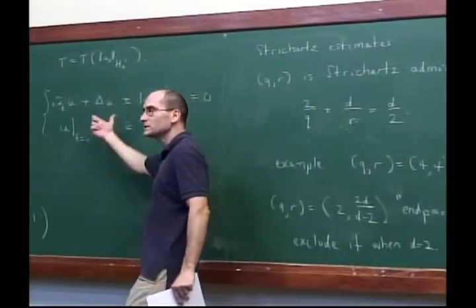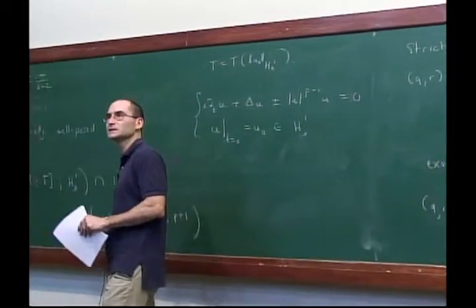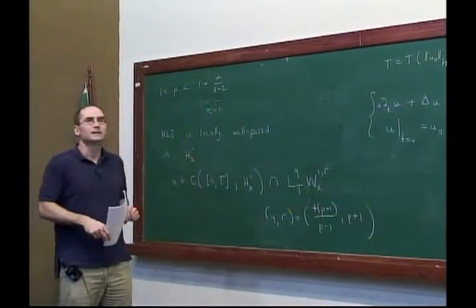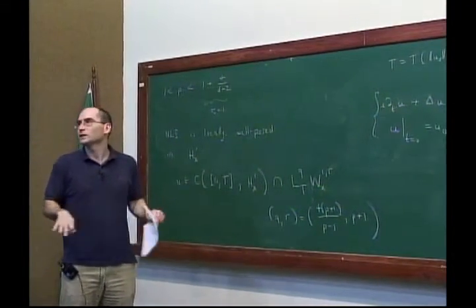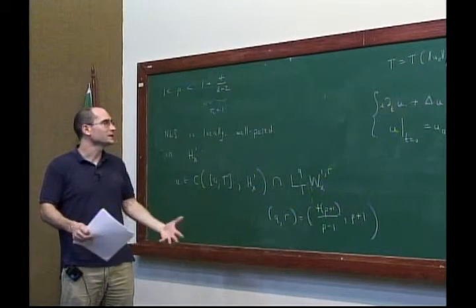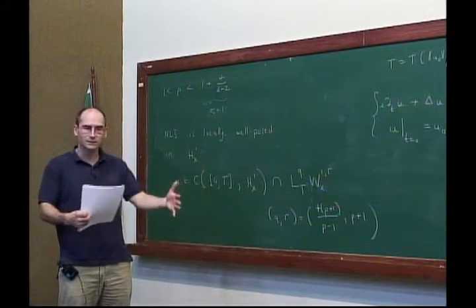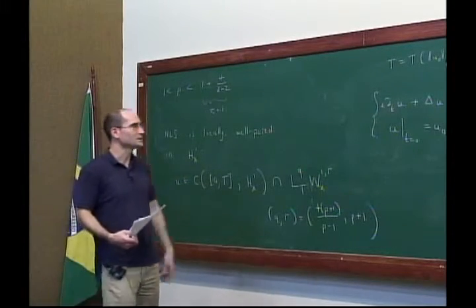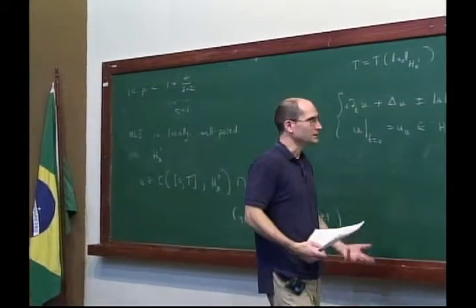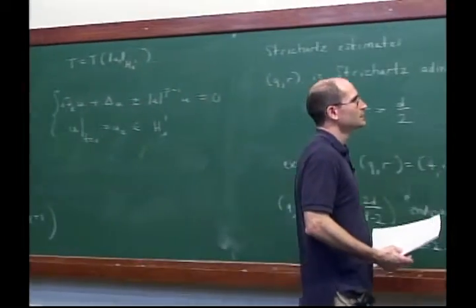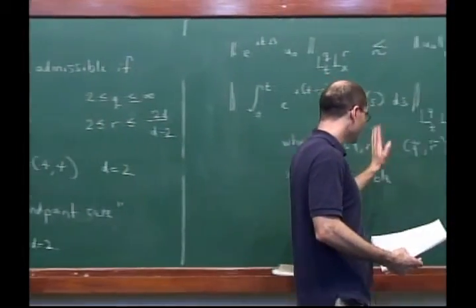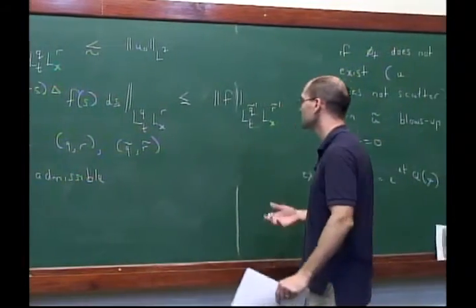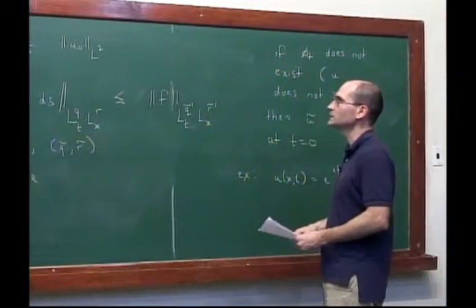Solutions to this linear equation, higher frequencies travel at faster velocities, and as a result, there should be some kind of spreading or smoothing of waves over time, but to capture that, you have to integrate over a whole time interval. You have to average in time, and that's why you're only going to get fancy estimates like this if you work with LTQ, where Q is not infinity.